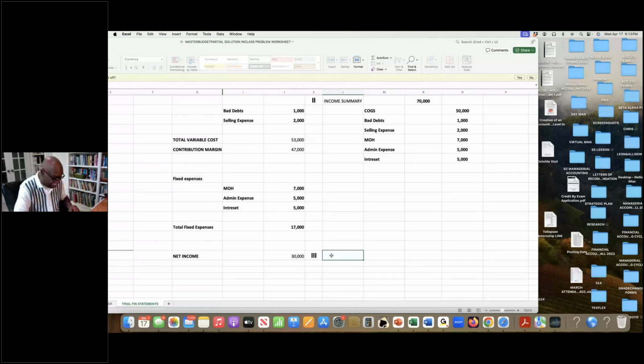Okay, we're going to debit income summary. We're going to credit retained earnings. What's the amount going to be?